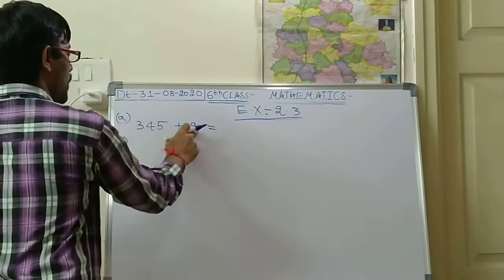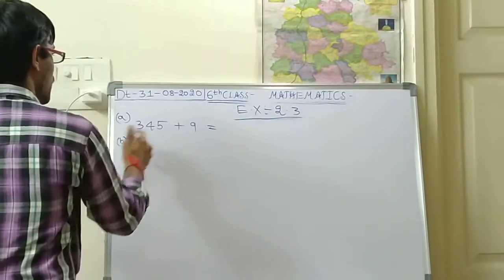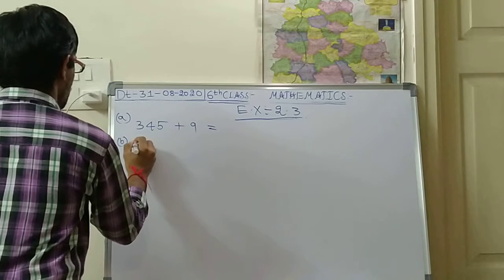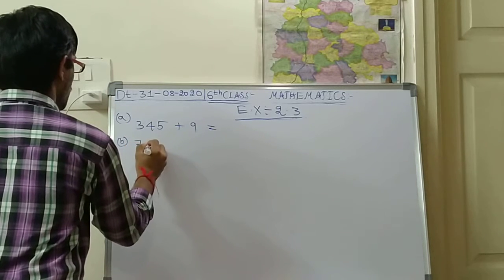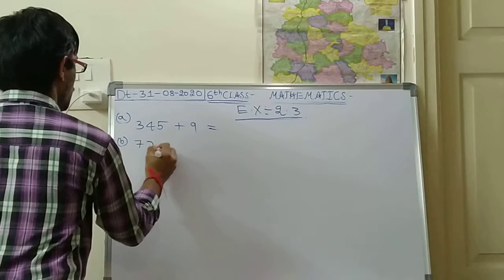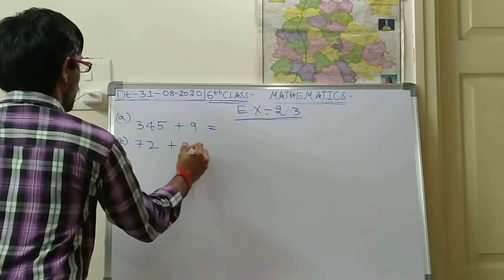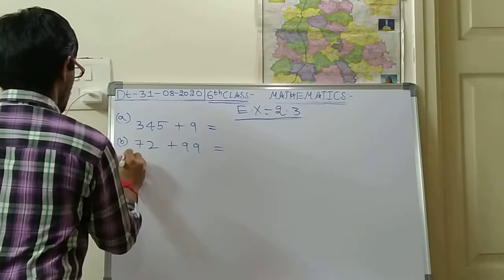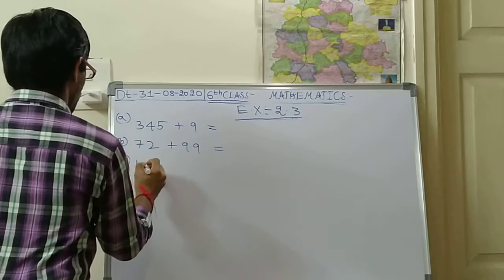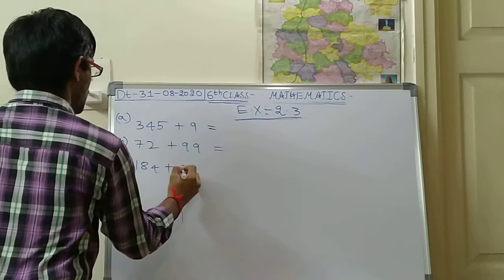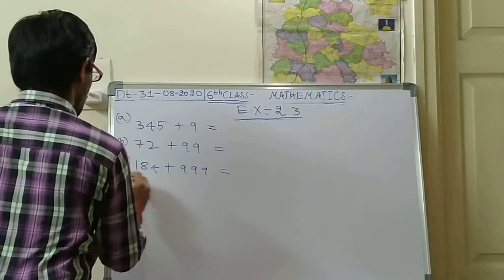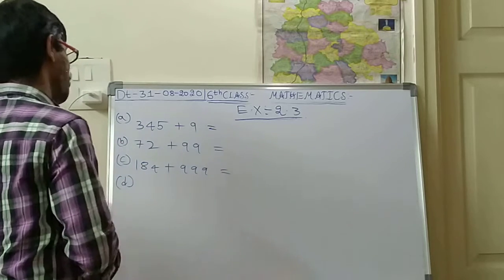What you should do is, 9 means 10 minus 1, and write it down. Okay, next C: 72 plus 99. Next D: 184 plus 999.